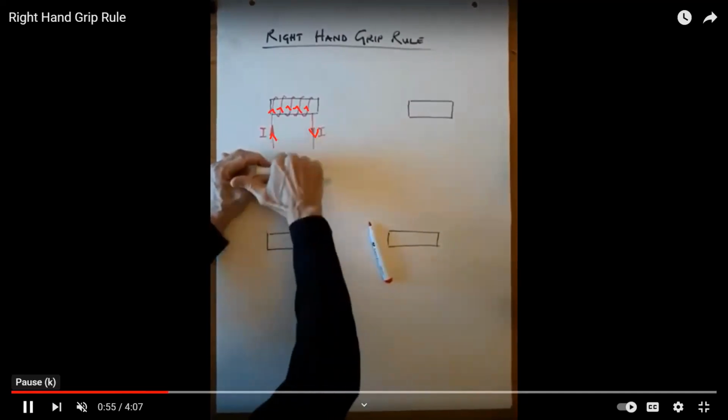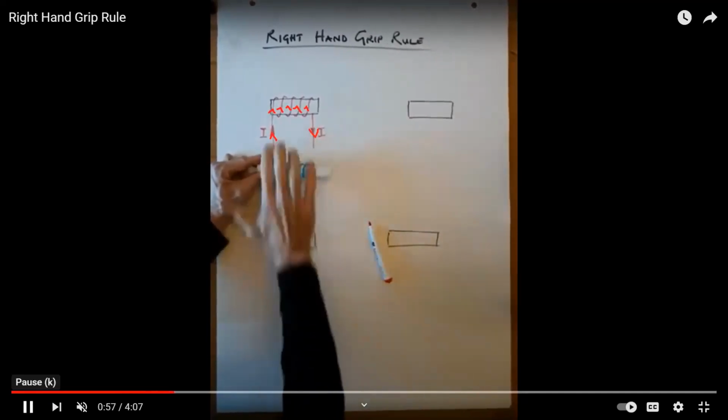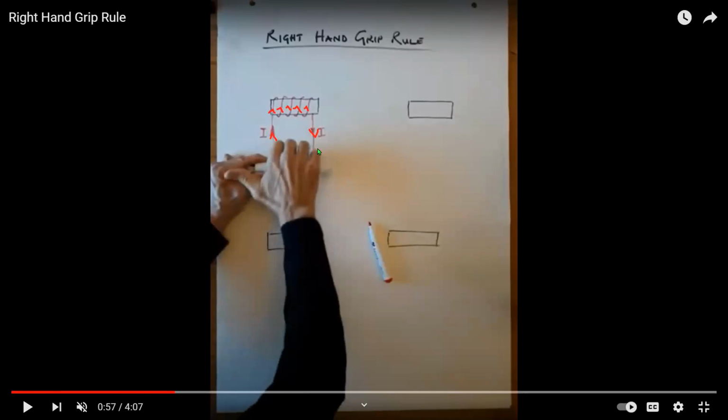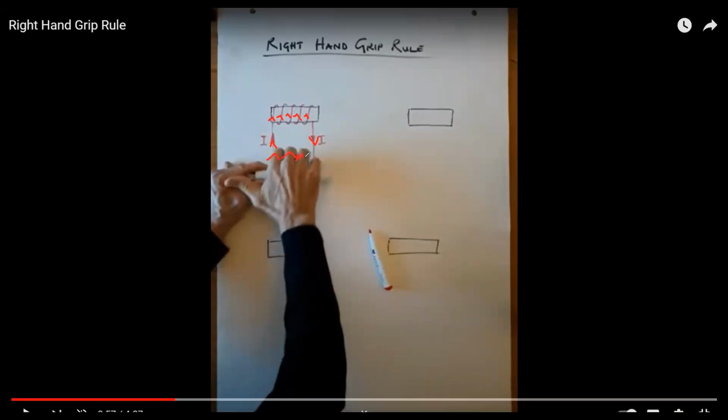So you see what he did, he grabbed with his right hand. His right hand grip follows the current's direction on the front side of the solenoid. So you visualize this is like the front part of the solenoid. If you do it in the exam yourself, you can hold your pencil here, and then you just need to know the direction of the currents.